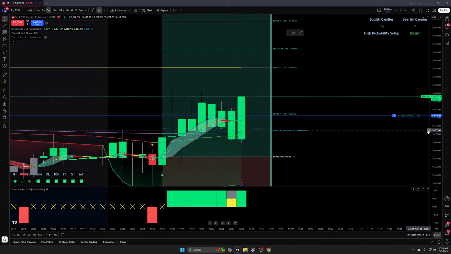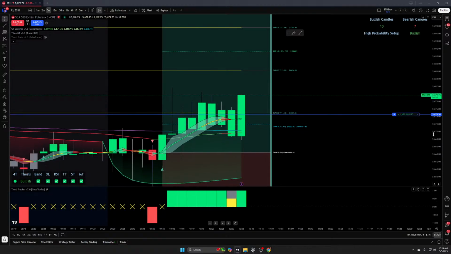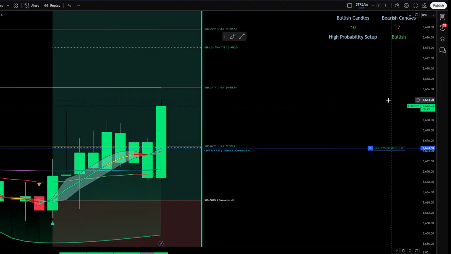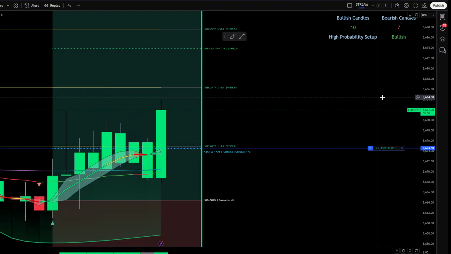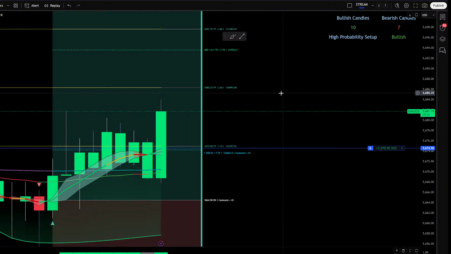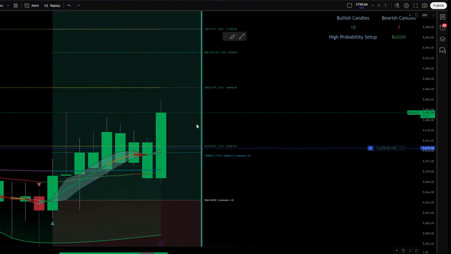There you go. Look at this, guys. There we go. And you guys need to zoom in. Okay, so again, if this was NQ, let's go to NQ.